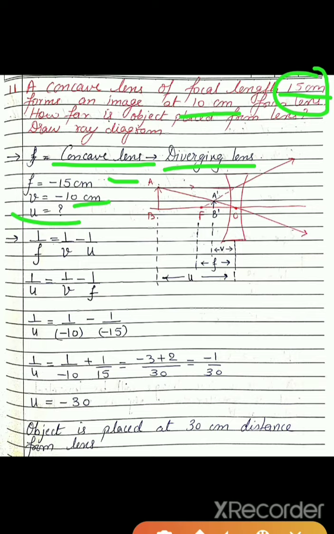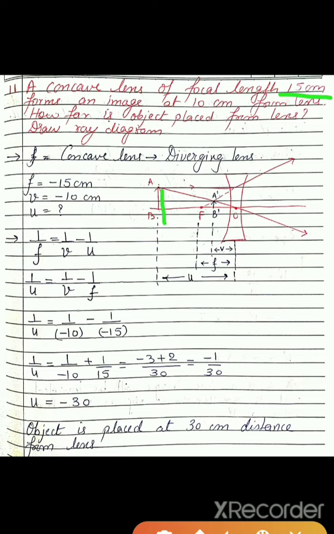Why the image is also formed on the same side? We have again seen the ray diagrams of the concave lens, and there the images were always formed on the same side of the object, and therefore you have to remember that whenever the object and image are formed on the same side, then the image distance is going to be negative only, because we measure all the distances as positive along the direction of the incident ray.